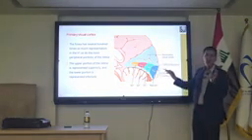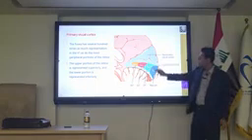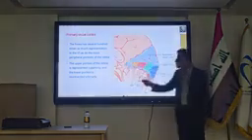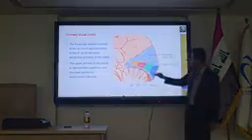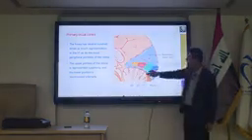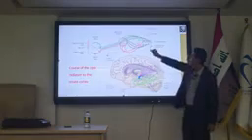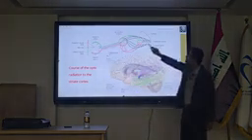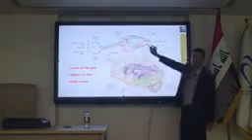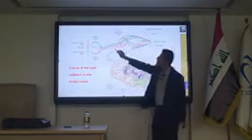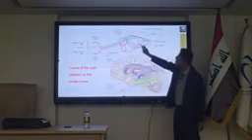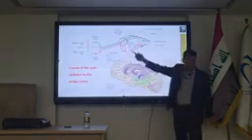But the peripheral part of the retina is represented gradually in the anterior part, right? And the size, actually this is not clear here, but we can see here. We can see that from a small region of the fovea, fibers go to a large area of the visual cortex, but from a very large part of the retina, fibers go to a very small region of the visual cortex.